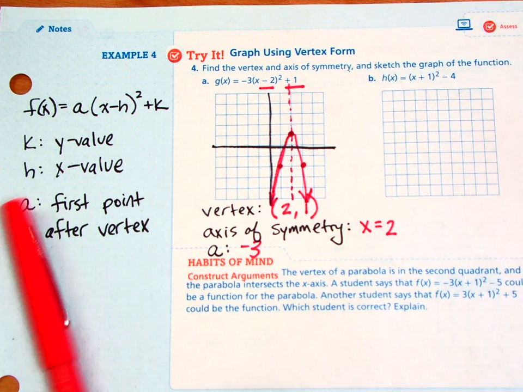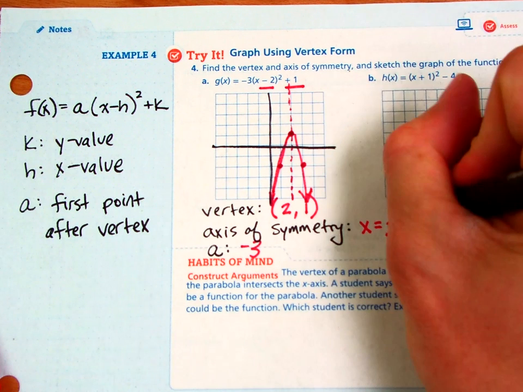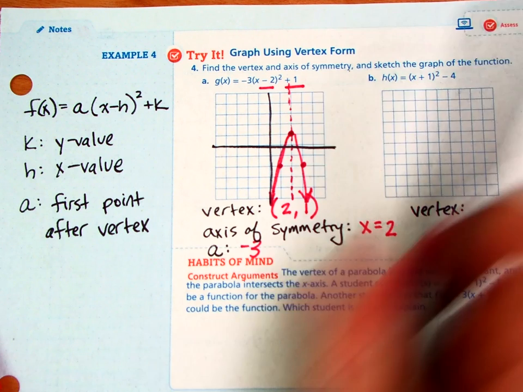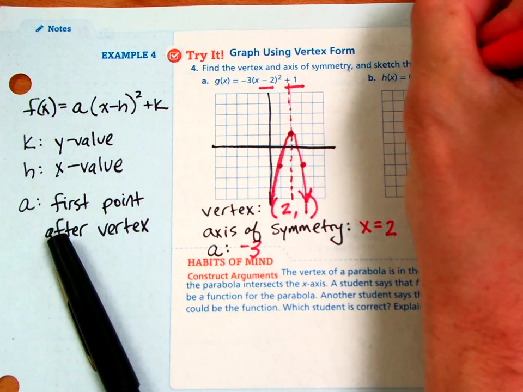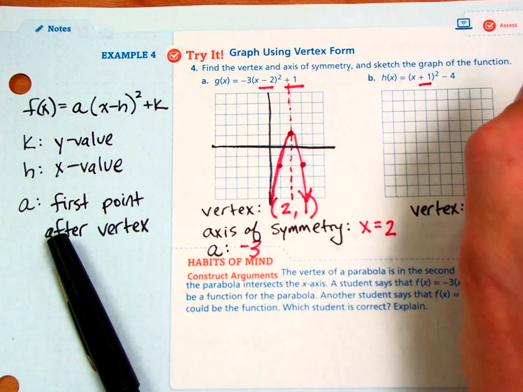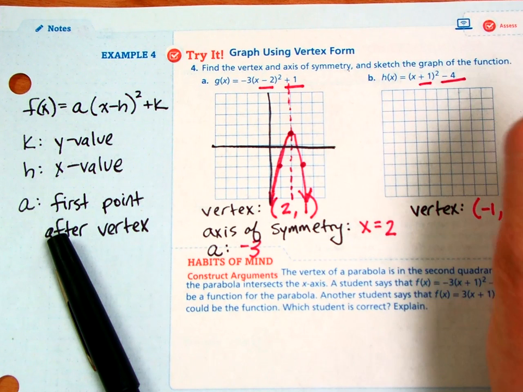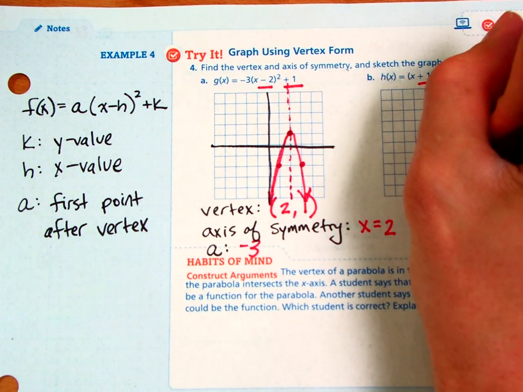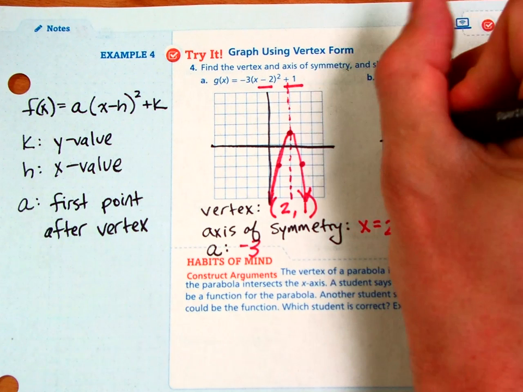All right? Now let's take a look at B. Okay, the vertex for this one. So first, let's take the x value. It's opposite from what's in the parentheses, so it's a negative 1. The y value is the same. So let's go ahead and plot the vertex, find out where that is.